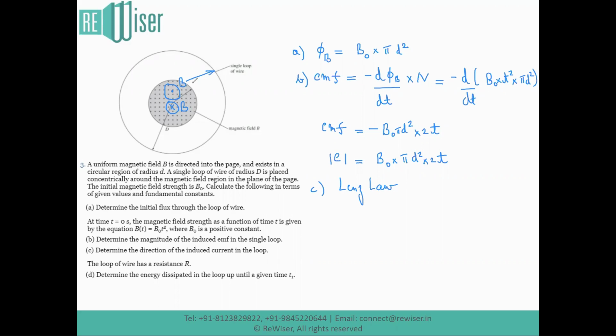This direction of magnetic field produced by the induced EMF, through the right hand grip rule or the right hand thumb rule, gives us the direction of induced current to be counterclockwise. The direction of induced current is counterclockwise.